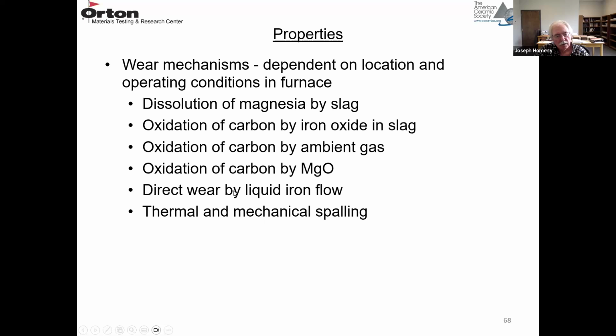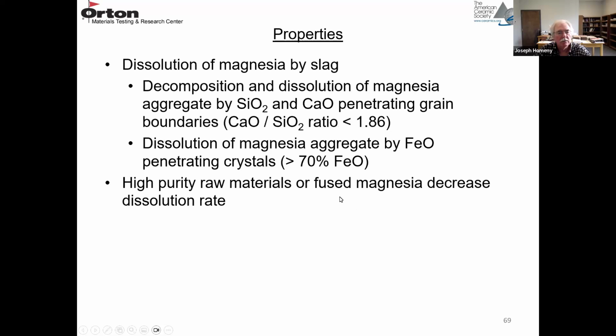There's an erosion when liquid iron flows over the refractory. And then there's also a thermal shock issue, and actually mechanical stresses can also develop. So these are the primary wear mechanisms in the composite material that's used in the basic oxygen furnaces.